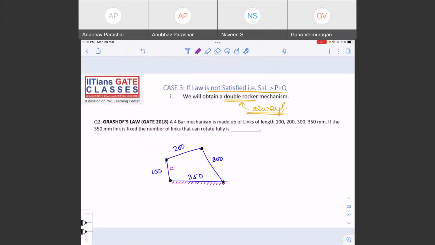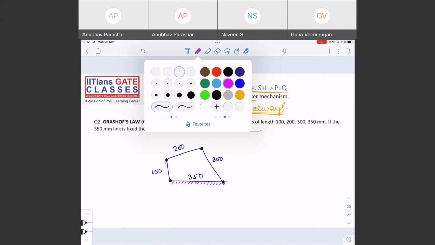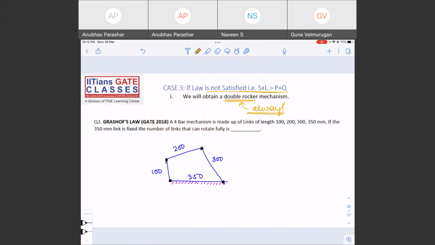Very nice. The smallest is the largest, P, Q. You can see smallest is adjacent to fixed implies crank rocker.